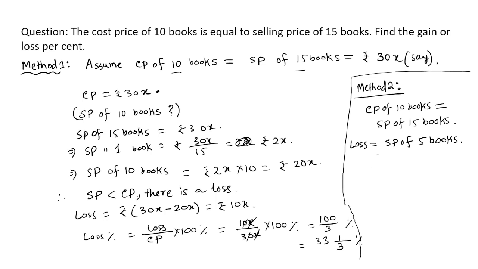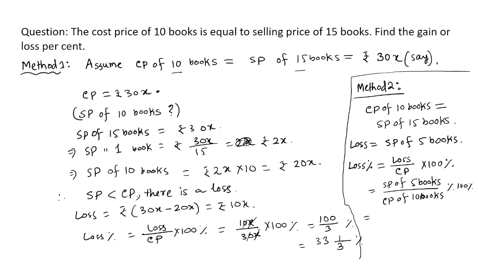Now if you get this statement clear, I can find the loss percentage. Loss percentage is the loss divided by the CP into 100%. The loss is nothing but SP of 5 books, and the cost price, because he buys 10 books, is CP of 10 books, into 100%.